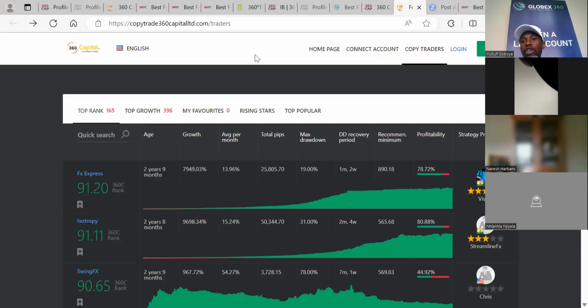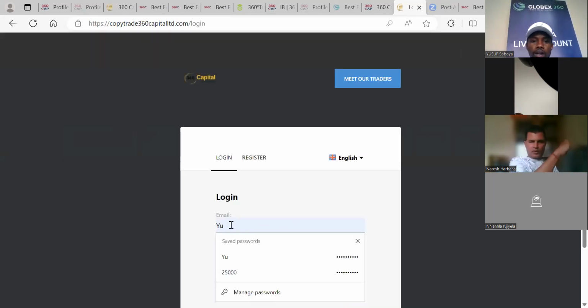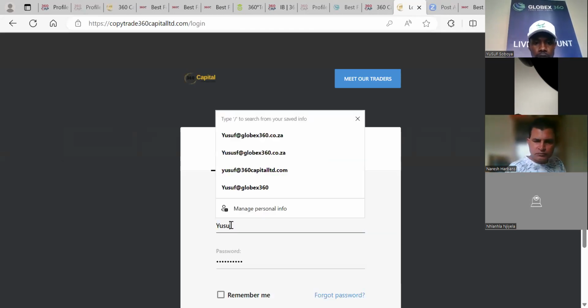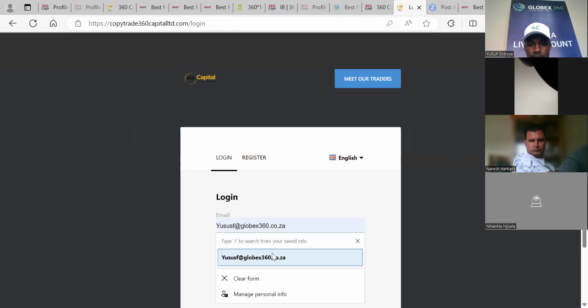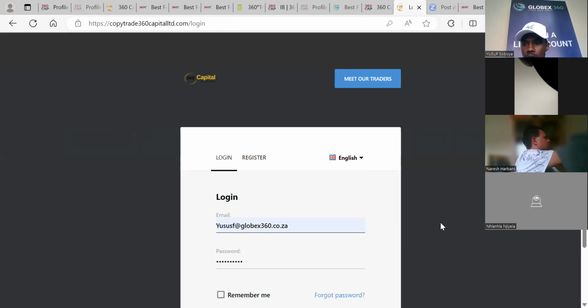Now you're going to have the login details to log in to the copy trade page before you do anything, right? So let me say, for example, I want to log in. Let me see if I can log in.